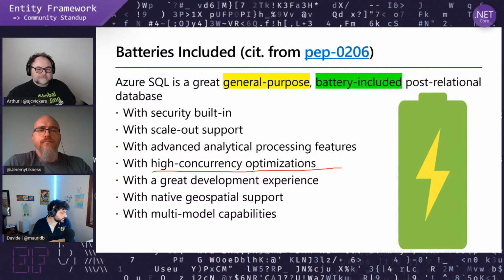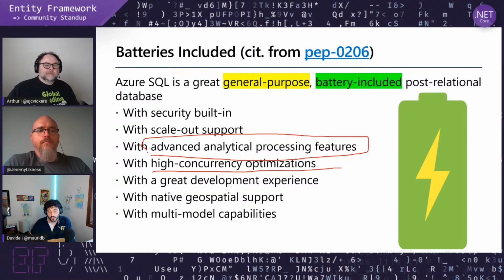And the beauty of the work we do behind the scenes is that, let's say you also have advanced analytical processing needs, like you want to aggregate quickly, you want to quickly do some analytical query, which usually means aggregating over time, comparing one period to the previous period, and so on. So we have column store support. Honestly, I think this is quite unique in a cloud database.